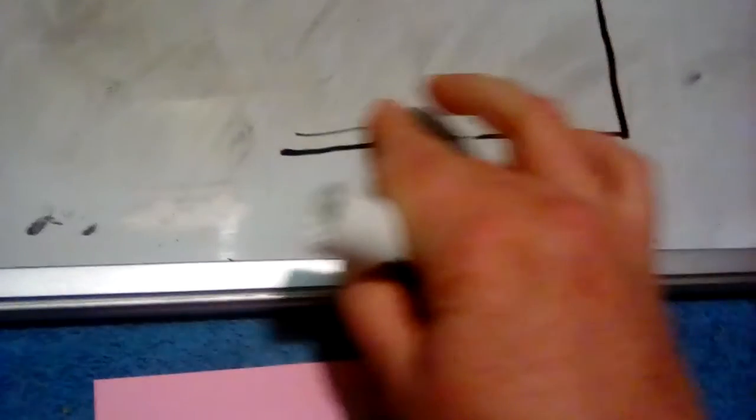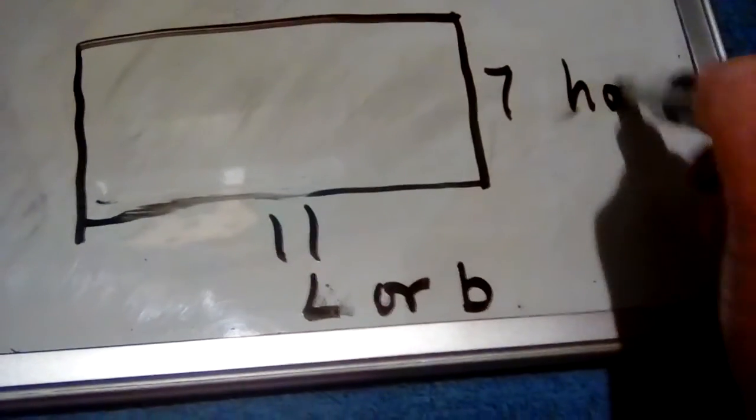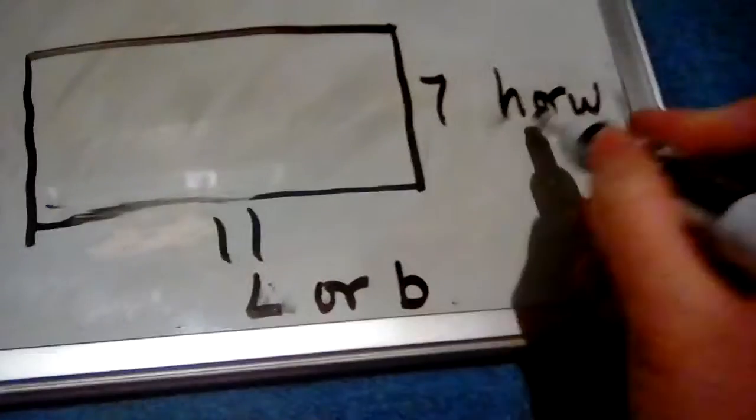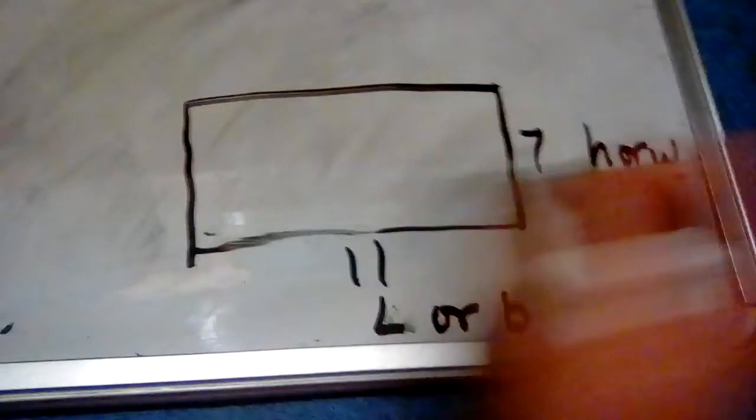So here's my rectangle. There's my cute little shed, right? The length is 11, so this is the length, or it could be the base. And then the height or the width is going to be 7. That means that there's 11 lines going this way and there's 7 lines going this way.